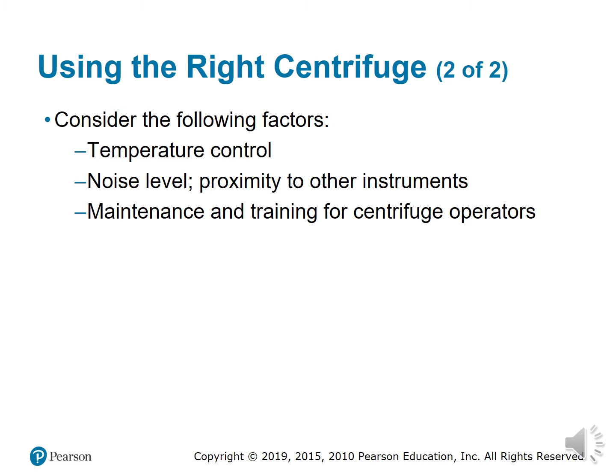Temperature control, noise level, proximity to other instruments, maintenance and training for centrifuge operators. And that's when I just spoke about how you make sure that it's balanced, making sure that it's calibrated correctly, which we spoke about in earlier chapters. All these things are vital to being successful in a lab.